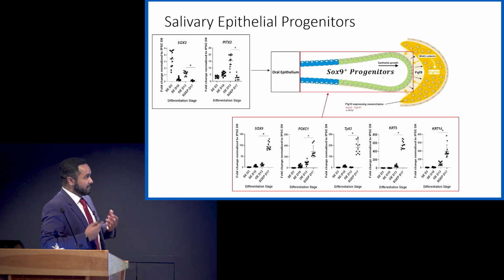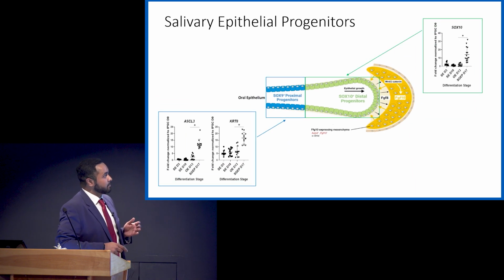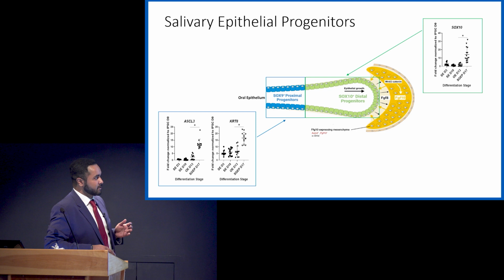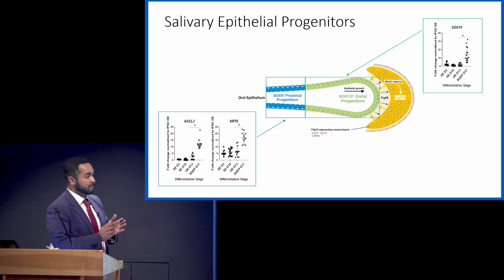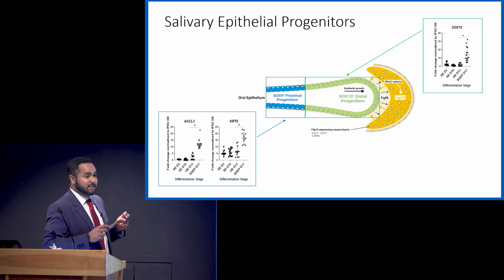Now, as the gland develops, it splits into two parts, mainly the proximal progenitors and the distal progenitors. They're just spatially different. For the proximal progenitors, we checked for ASCL3 and keratin 8, which are progenitor ductal markers, and they were also upregulated at day 17, along with SOX10, which is a progenitor acinar marker.